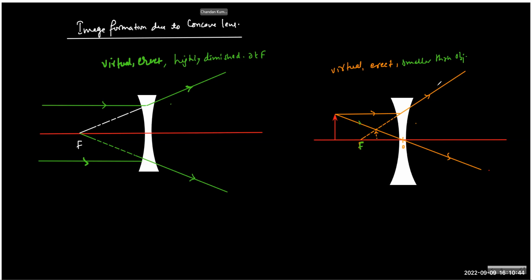So if you take any other point, let's say F, where will the image be? If the object is at F, okay, take another diagram.